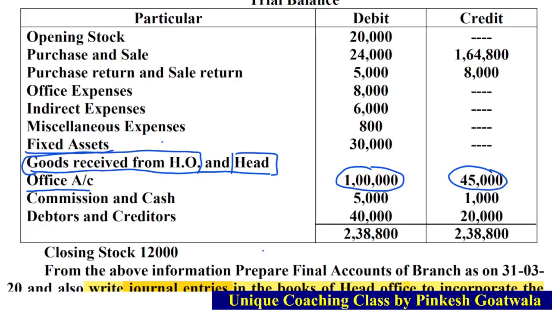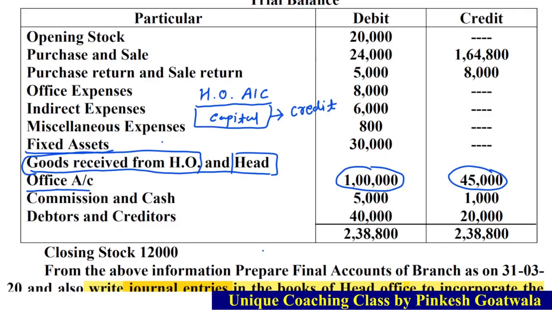I told you in a previous video that the head office account works as a capital account. In a previous video I told you the head office account is one type of capital account. And we know that capital always has a credit balance.